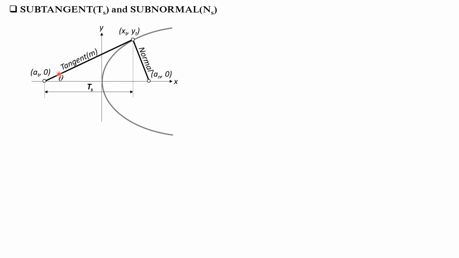This angle of inclination theta is also this angle here. And take note of the relationship of the slopes between the tangent and the normal. The slope of the normal is the negative reciprocal of the slope of the tangent, and vice versa. The slope of the tangent is the negative reciprocal of the slope of the normal line. So this is the subnormal, denoted by capital N sub S.